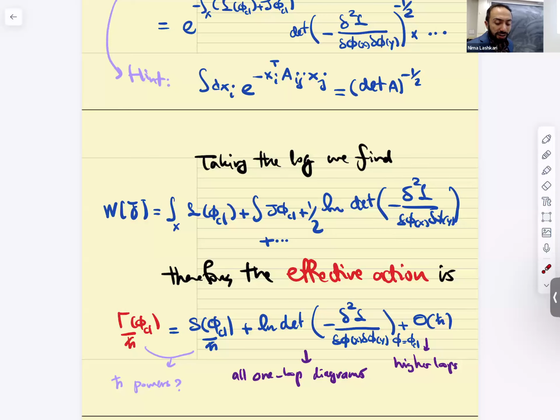It integrates out all one loop diagrams. Order H bar is all one loop. The higher orders are higher loops. So what I wrote for you is just a very formal analysis. This is the expression for the one loop answer for the effective action, written formally in terms of the effective Lagrangian.